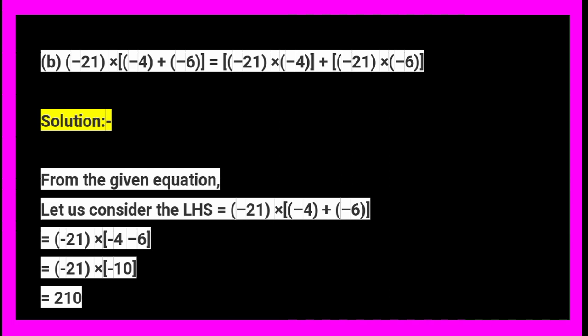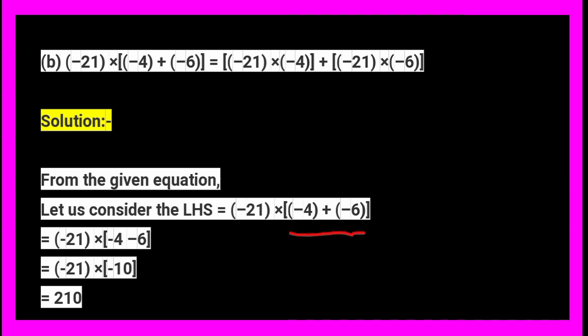B is minus 21 multiplied by the brackets minus 4 plus minus 6. So we know that first of all we need to solve the left hand side, and here minus 4 plus minus 6 is given in the brackets.